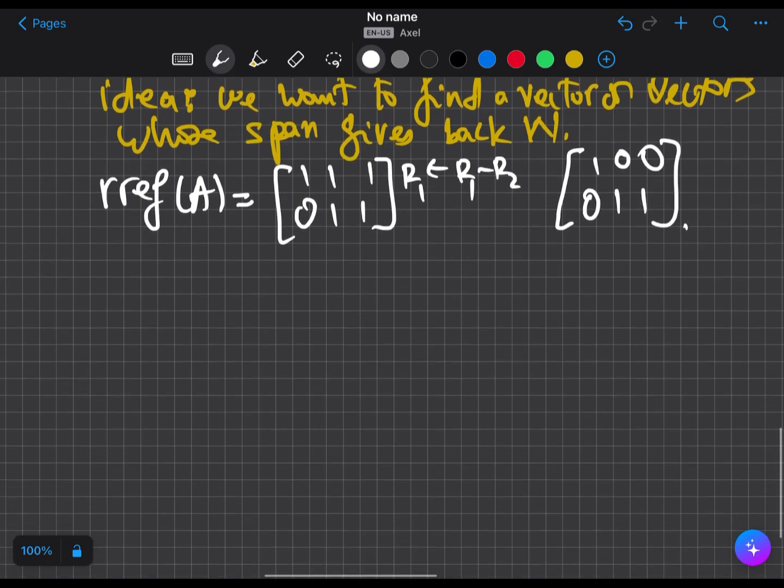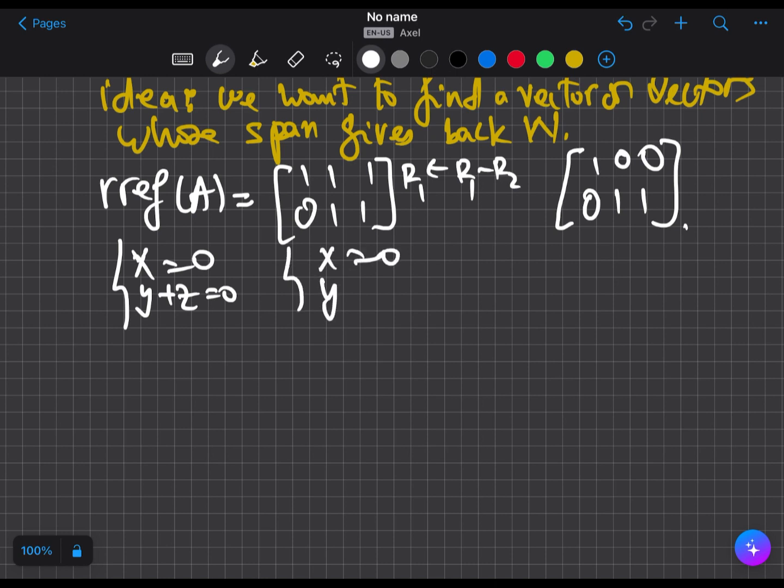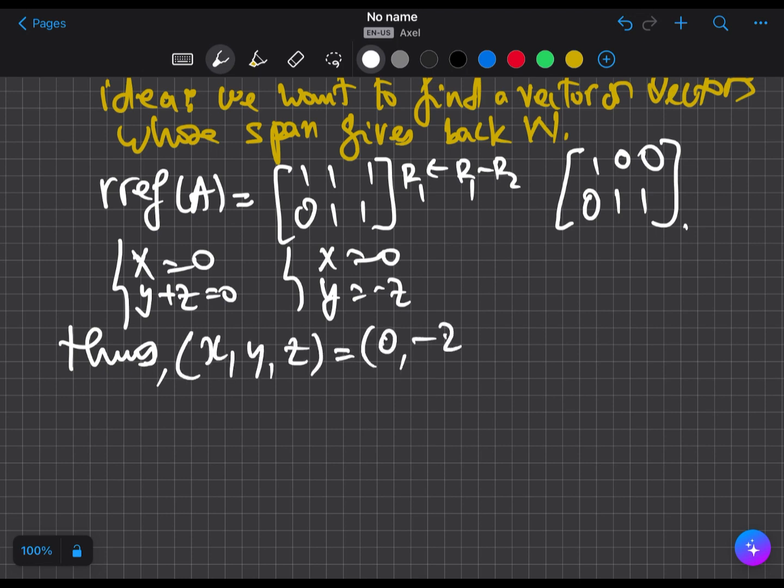Having this, I will have that x equals 0, and y plus z equals 0. So x equals 0 and y equals minus z. Therefore, I will have that (x, y, z) equals z times (0, minus 1, 1).